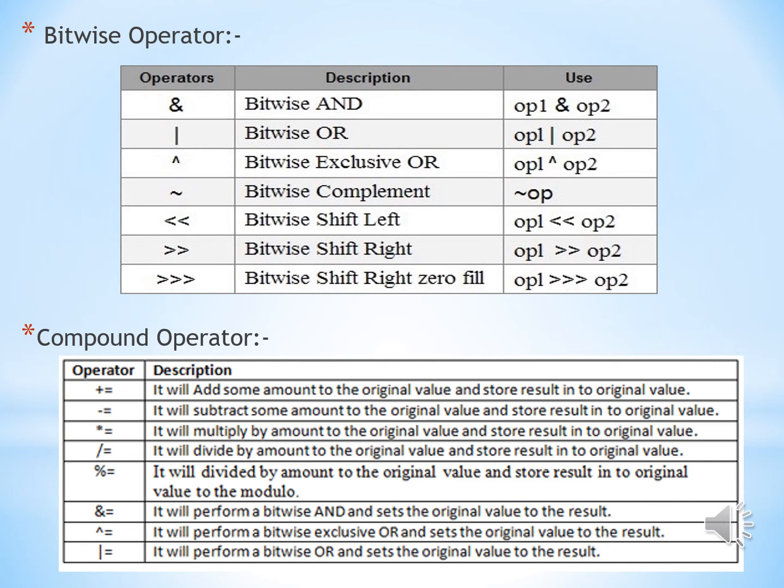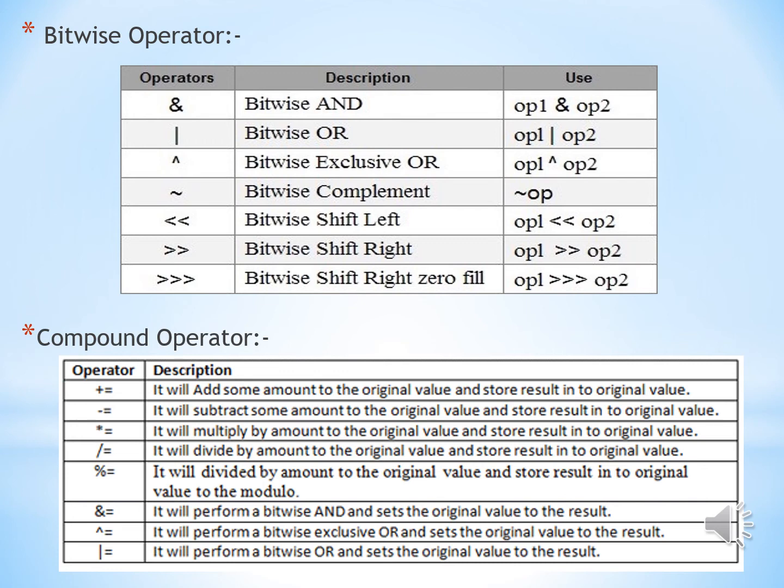Then multiplication-equals will multiply by the amount the original value and store the result into the original value. Then division-equals will divide the original value by the amount and store the result into the original value. Then modulo-equals will divide by the amount and store the remainder into the original value.